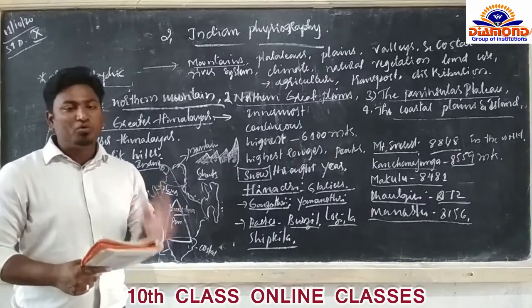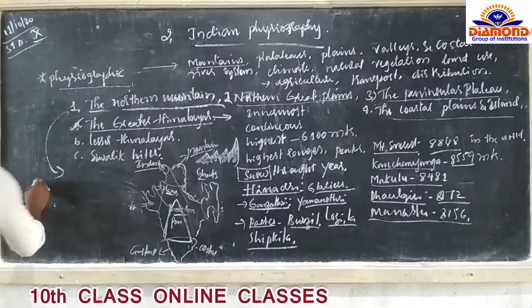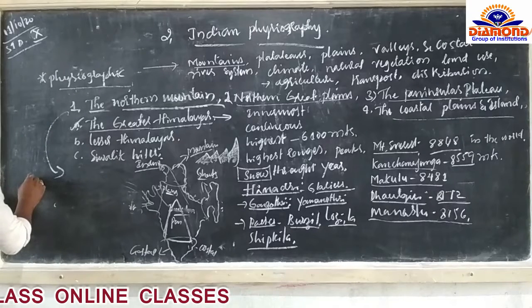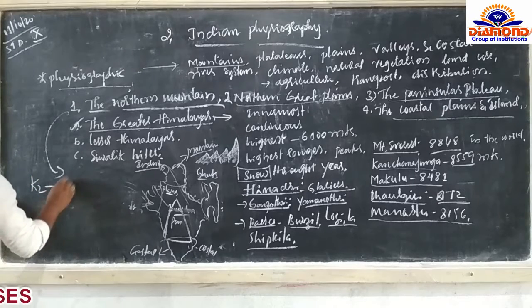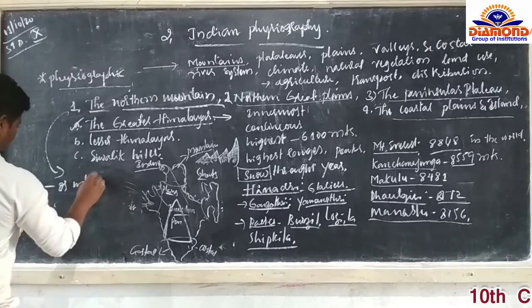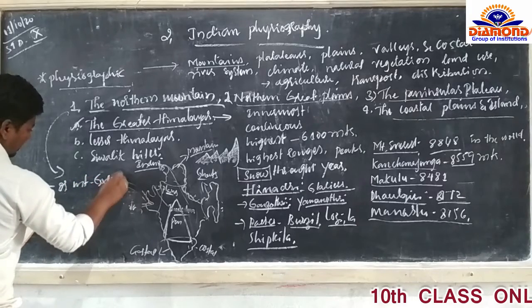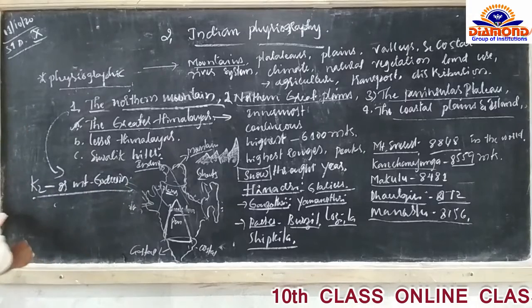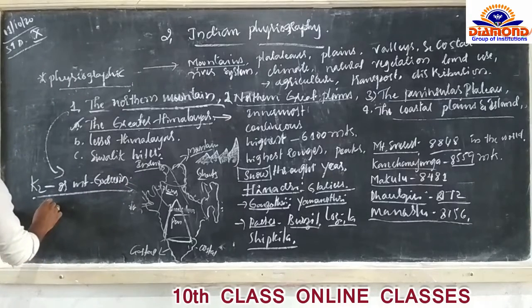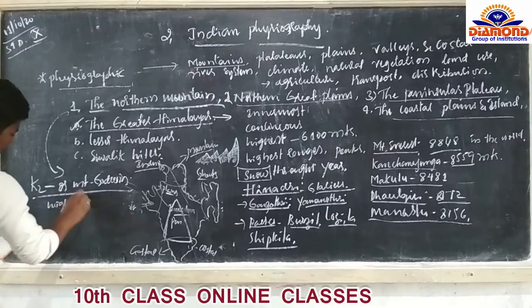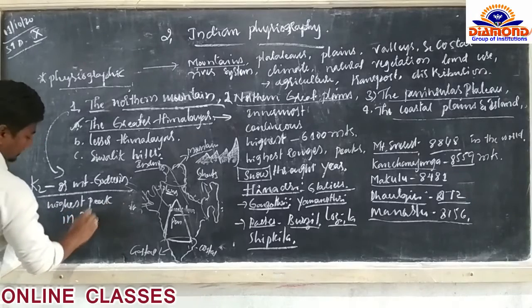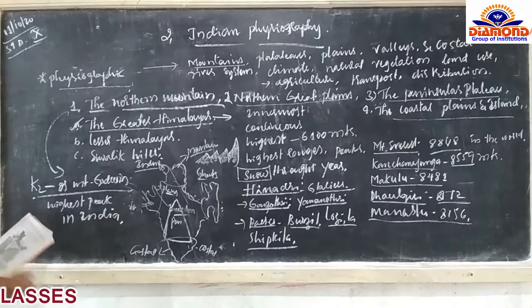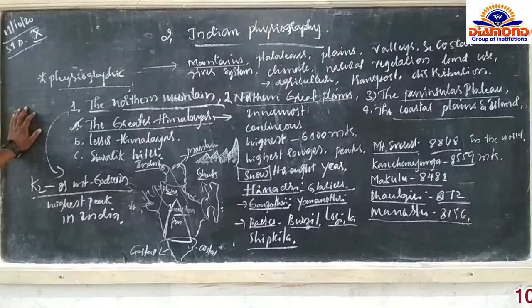The highest mountain range of India comprises the Himalayas, where the peak K2, or Mount Godwin-Austen, is the highest peak in India.